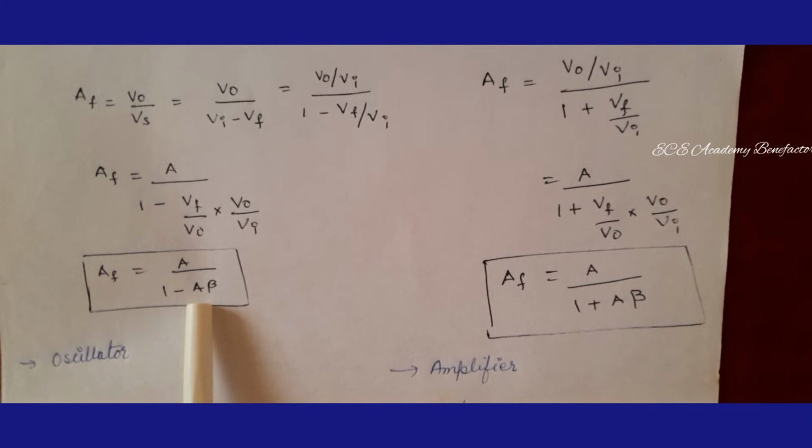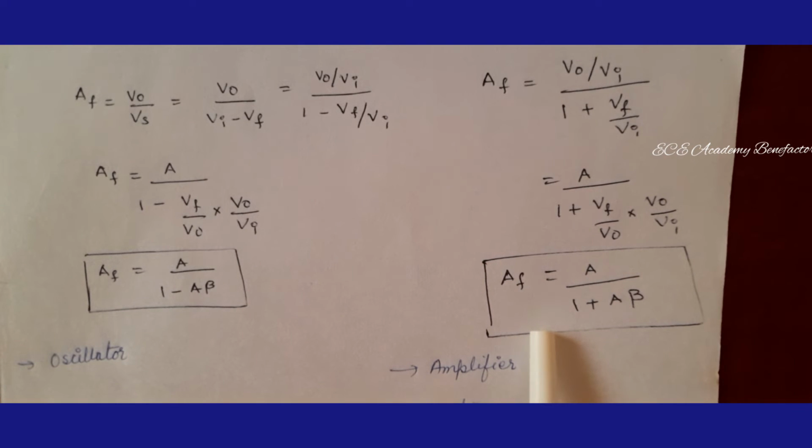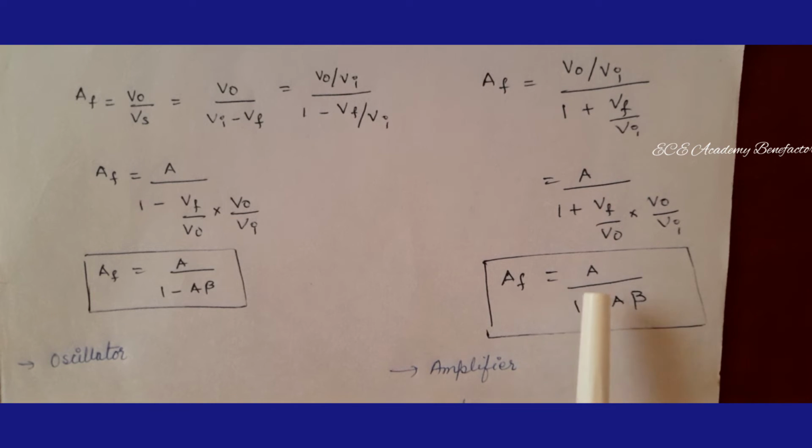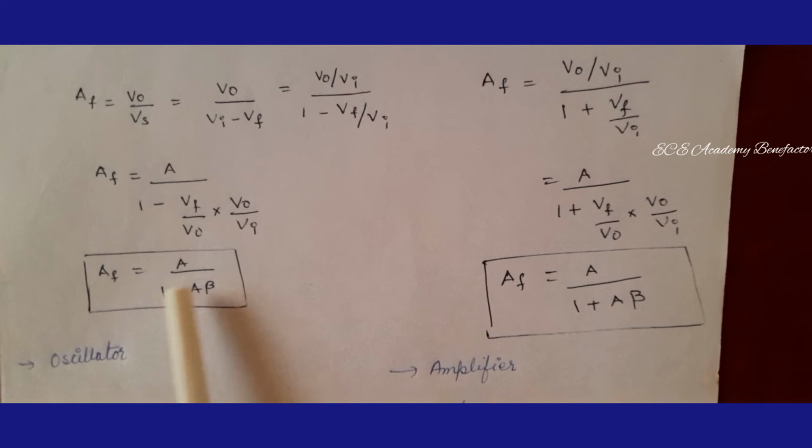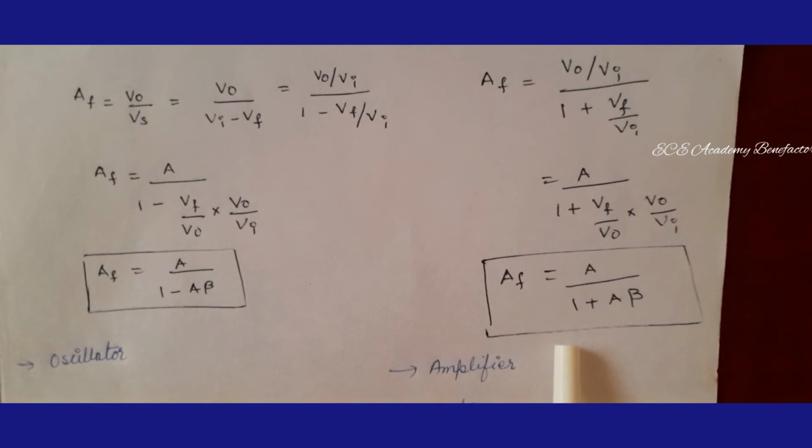This derivation you can refer to in the previous video. Coming to negative feedback, the gain equation is AF equal to A by 1 plus A beta.